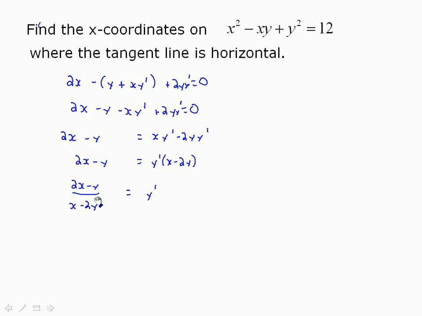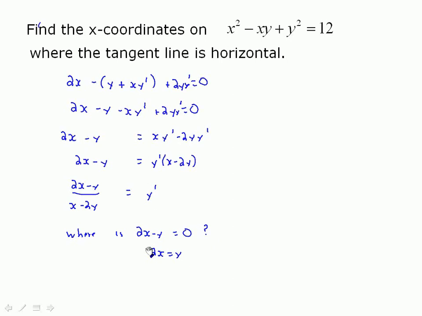Now, where is this horizontal? So where is the numerator, 2x minus y, equal to 0? What we end up getting, unfortunately, is where 2x is equal to y when you solve that. Now, it doesn't matter which variable you solve for, really.